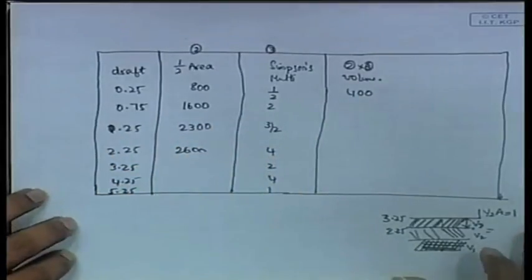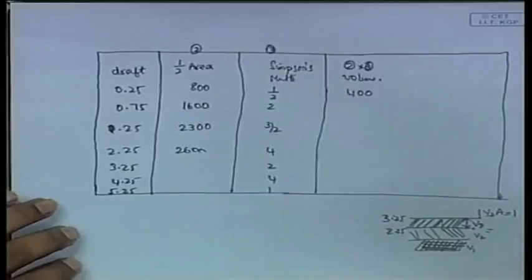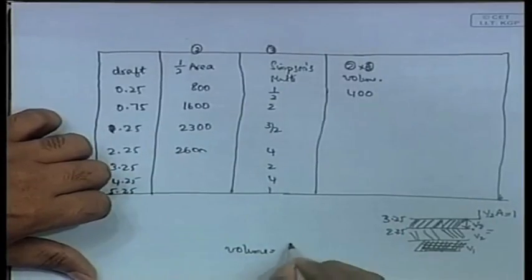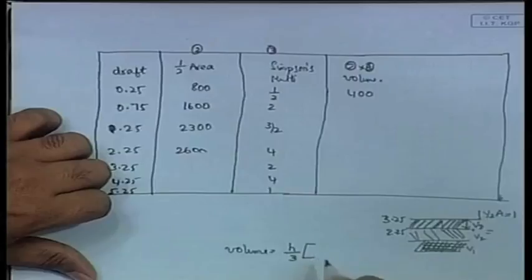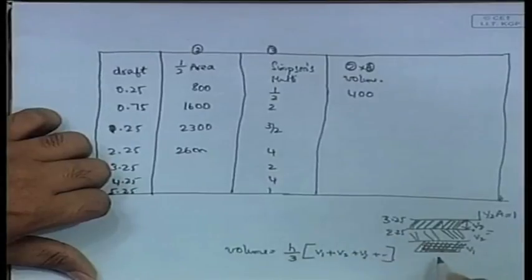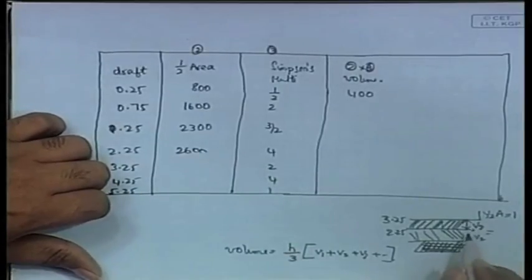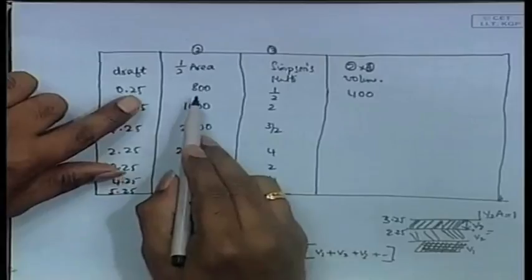How are you getting the volume? What is the total volume? It's defined like this: h by 3 into V1 plus V2 plus V3 plus V4 plus V5, like that. This is not volume, it is a function of volume. It cannot be a volume because there is an h here, right? So V1, V2, V3 are given by this into this.